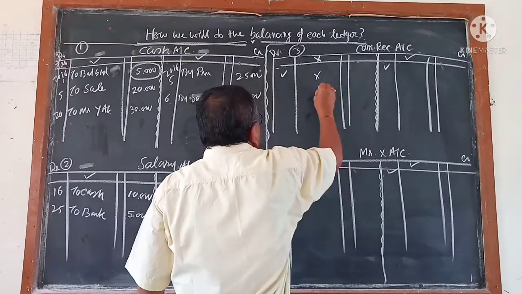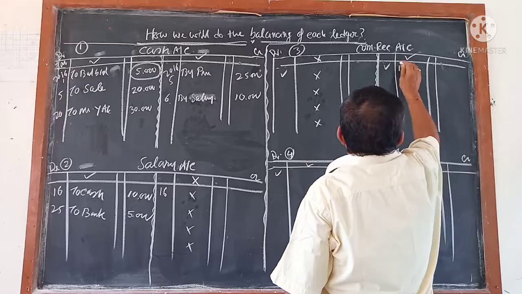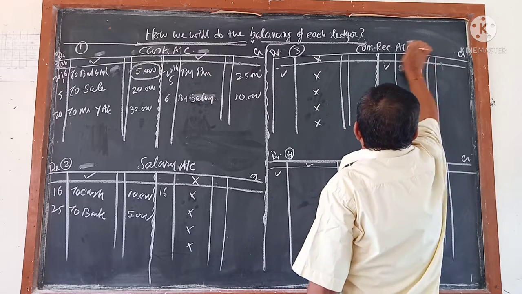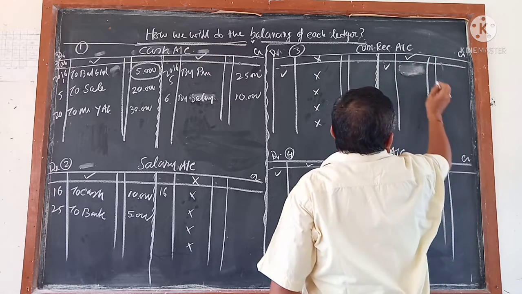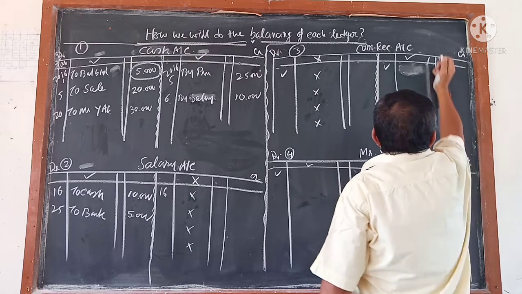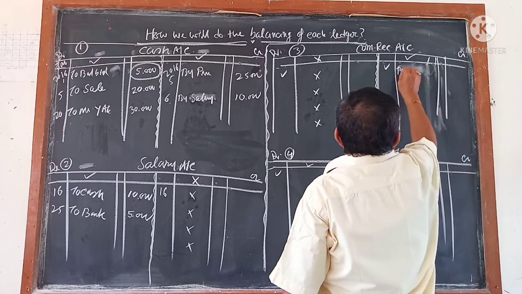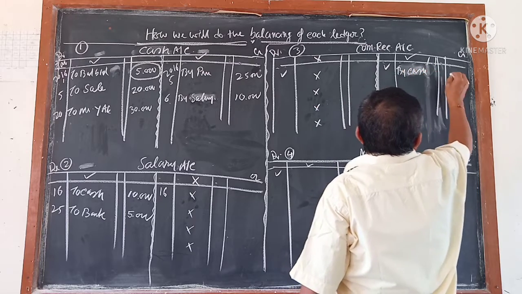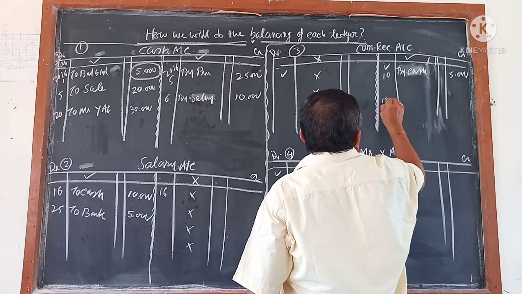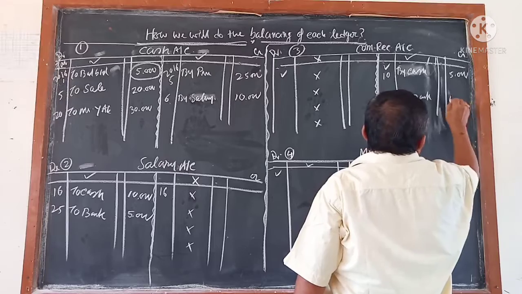Similarly, this side no posting is there, but this side posting was there. Suppose this is by cash, by cash it is 5,000, this is 10 and this is 15 by bank. Suppose this is 10.